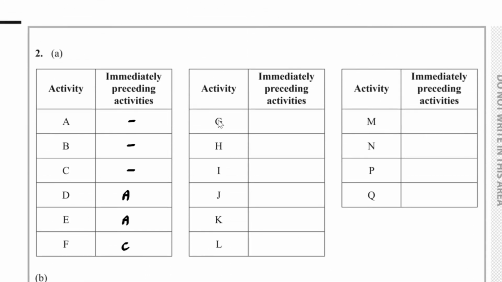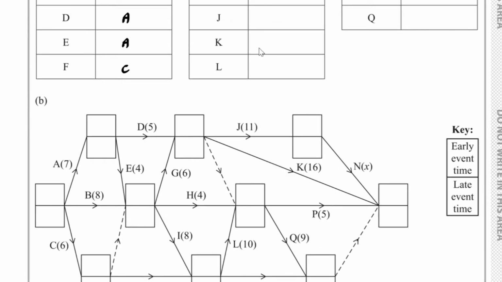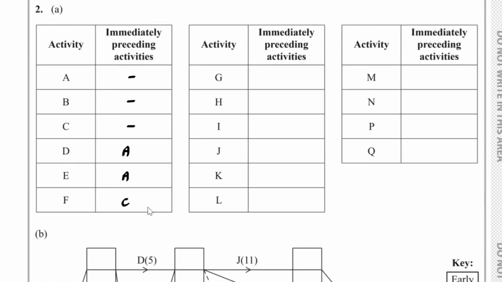If we take a look at activity G, what goes into G will be B, E, and it will also be activity C, which is indicated by the dummy here. So activity G depends on B, C, and E.